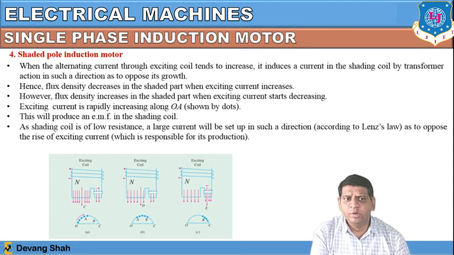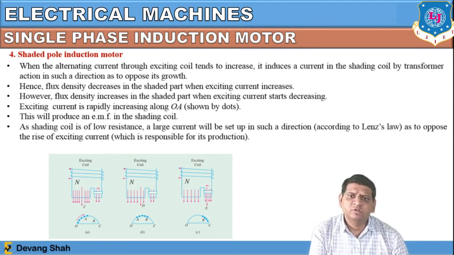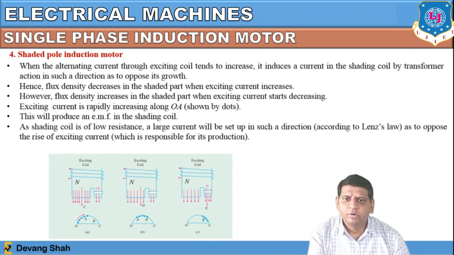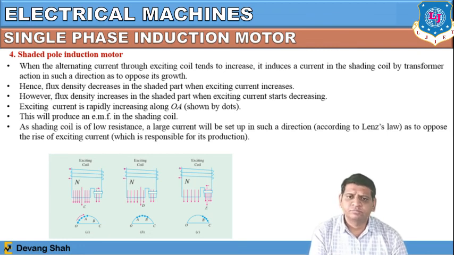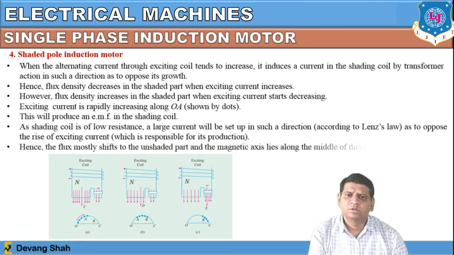According to Lenz's law it opposes the rise of the exciting current. Just follow figures A, B and C and observe how the flux is transferred from the non-shaded part to the shaded part of this pole, right? That's how the shaded pole induction motor works, right?